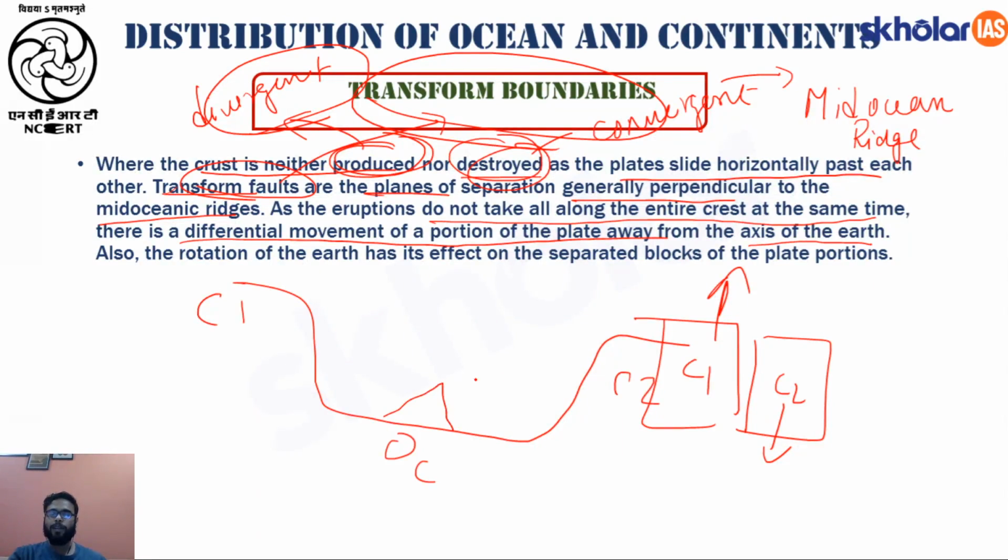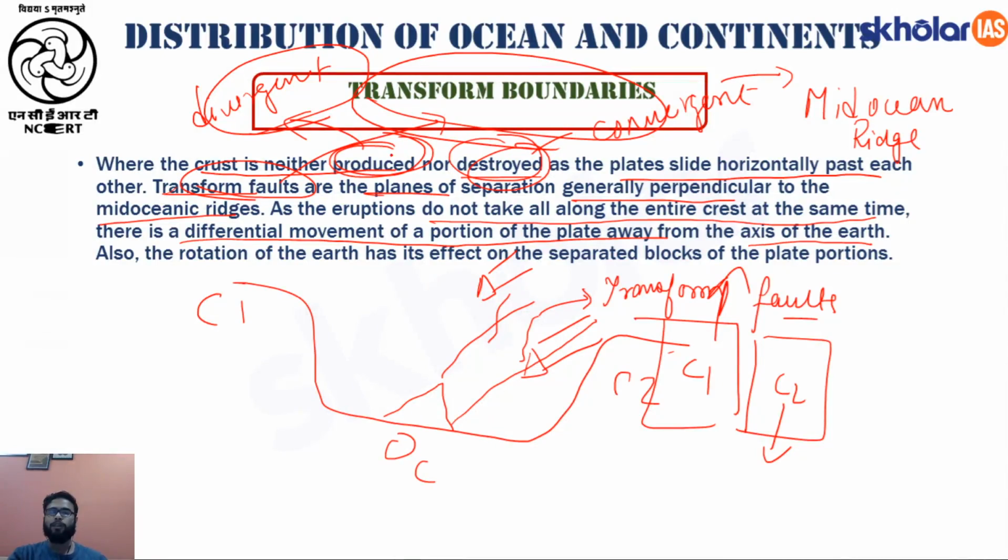This mid-oceanic ridge that you see here is not a continuous, uniform body, but rather it is broken into different parts like this, because the movement of the crust is not uniform, and these areas result in formation of faults, which we call transform faults. Understood? So transform faults are planes of separation, meaning this section of the mid-oceanic ridge is being separated from this mid-oceanic ridge.